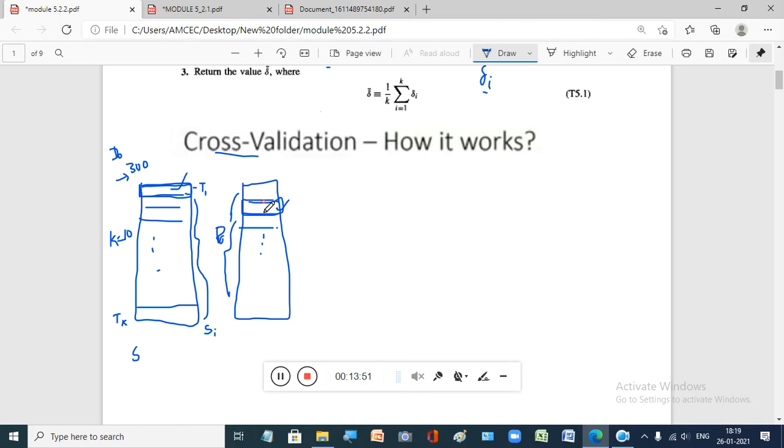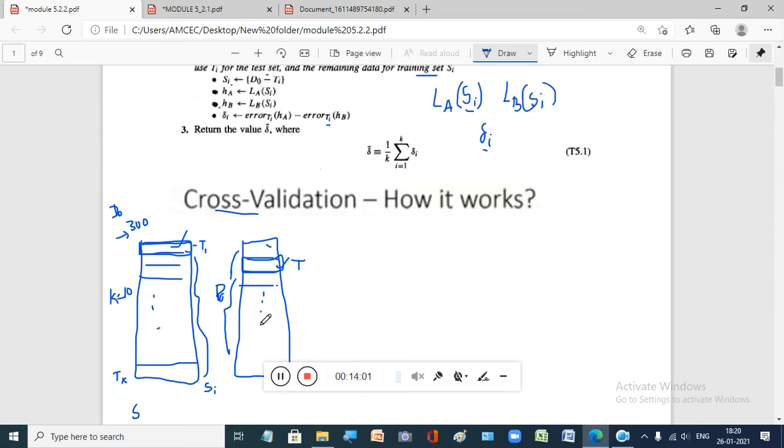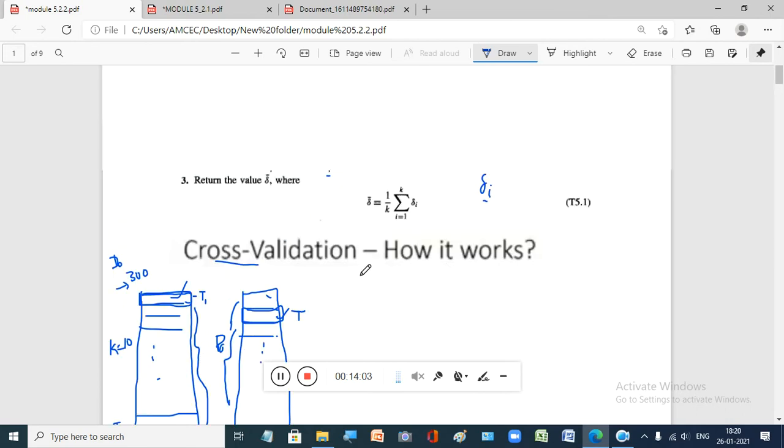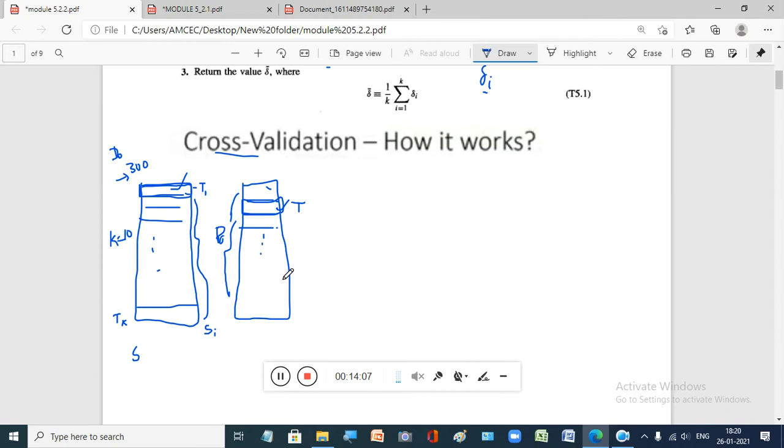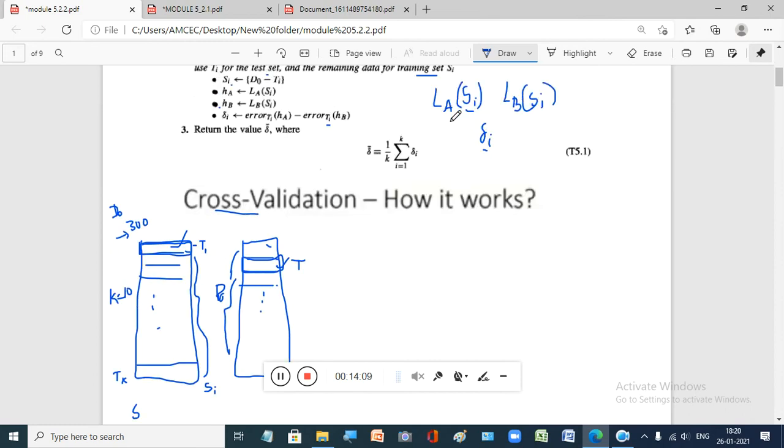Again you give the training data to algorithm A and train it, then train algorithm B, and then find its difference. Clear? So this is the second step.